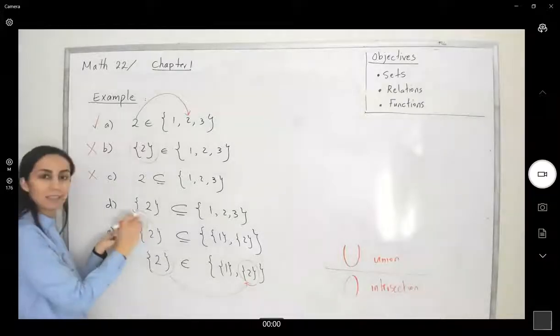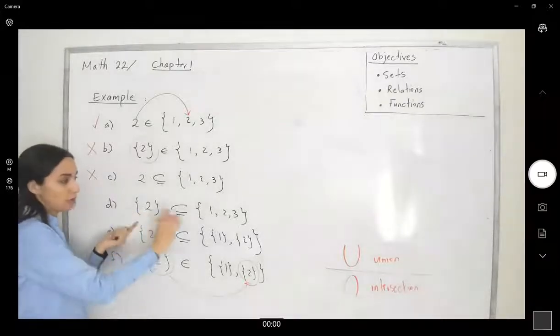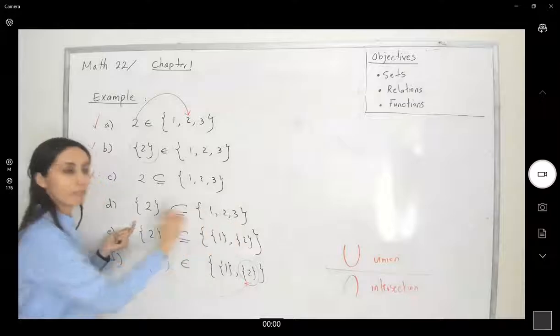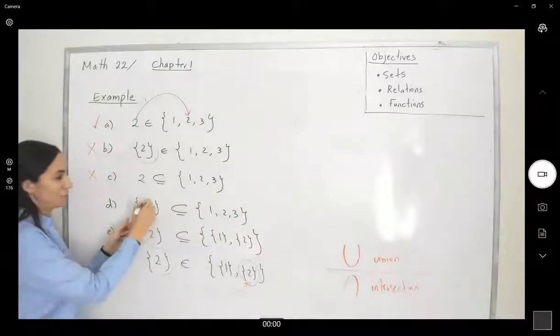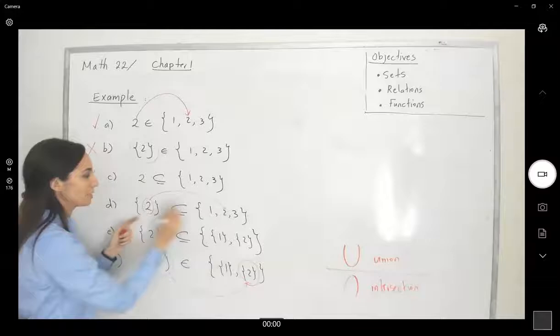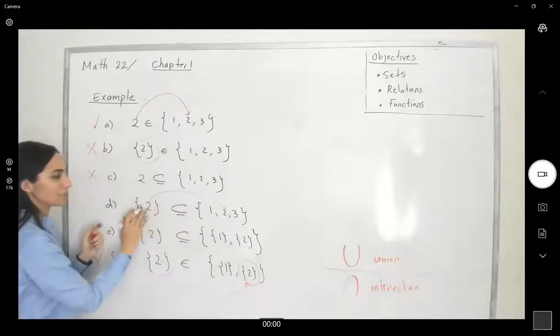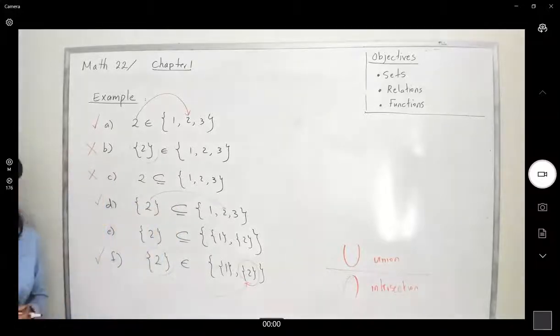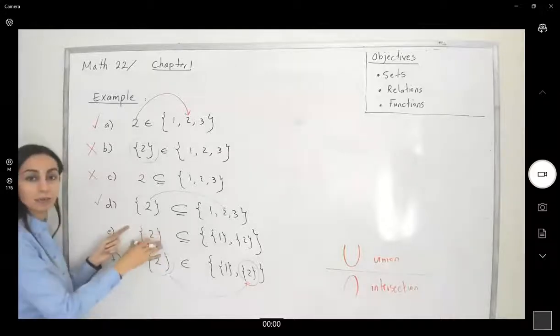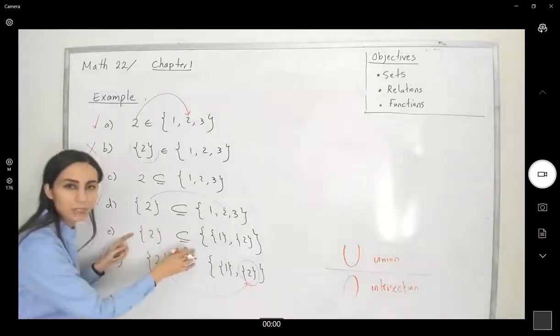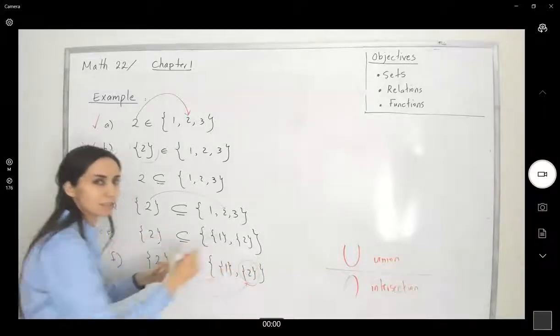You have a set including 2 as a subset of this set. Take a random element. You can see this random element belongs to the bigger set. This is true. This says a set including 2 is a subset of this set.